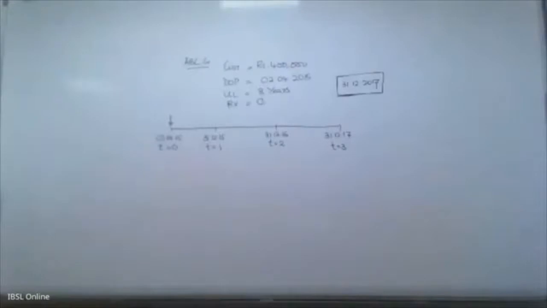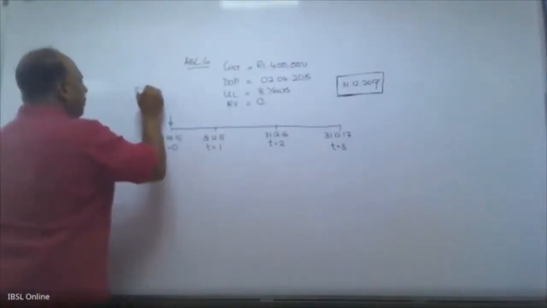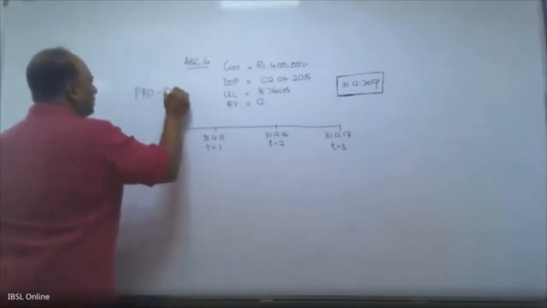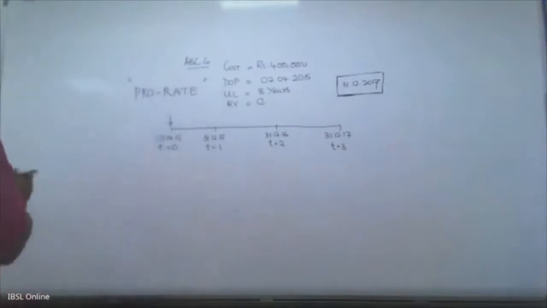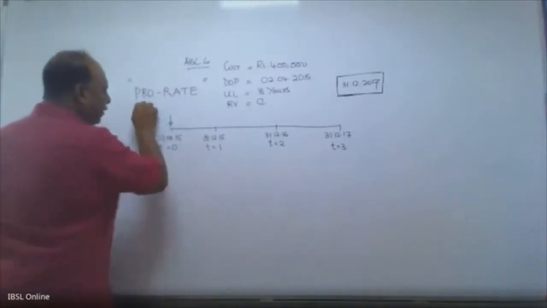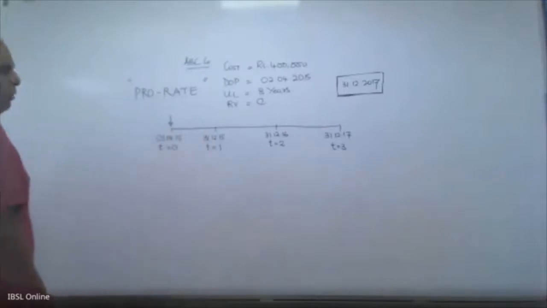That is the term, and you have to remember it. You have to use the prorate convention. What do you mean by that? Prorate convention means assuming that I will depreciate for the period that I have used.